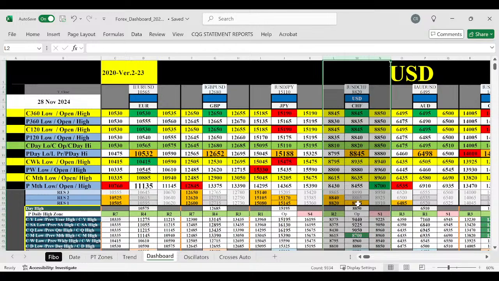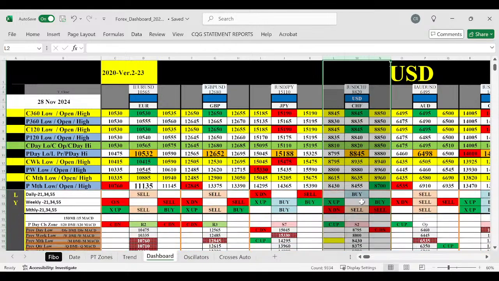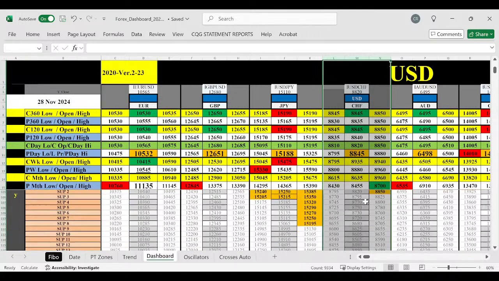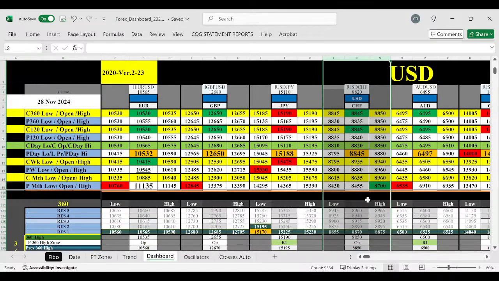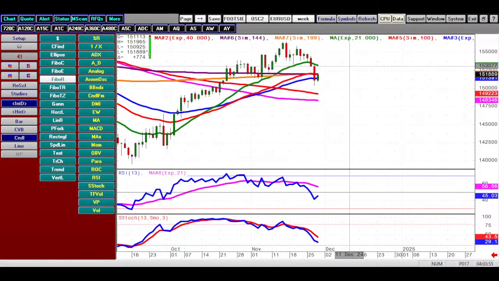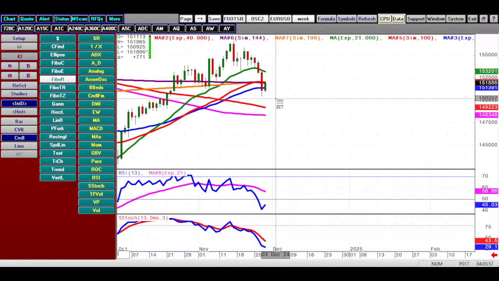That should be your level. Let's go into the chart, at least we get some clear idea. Dollar Swiss.